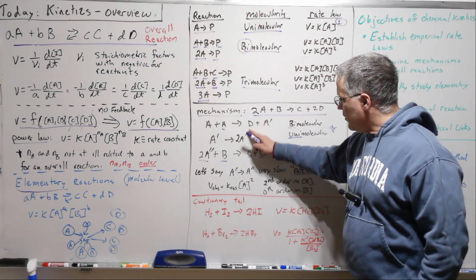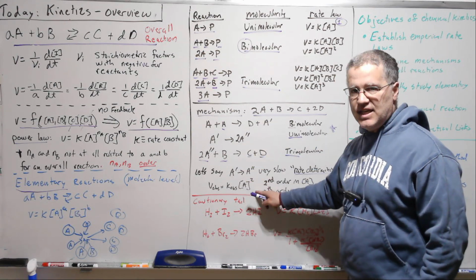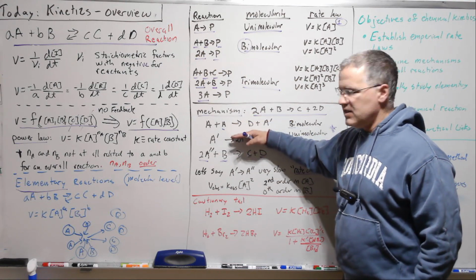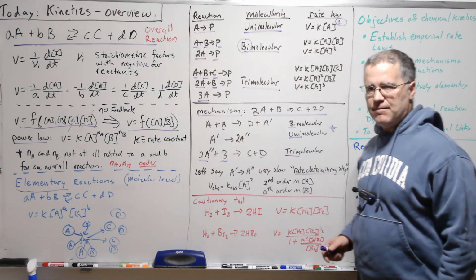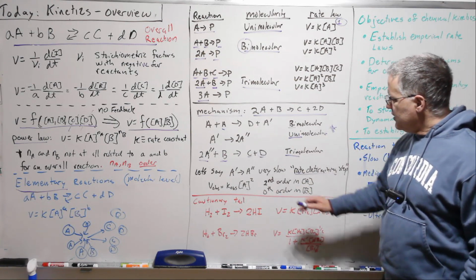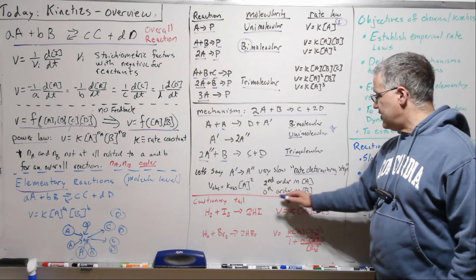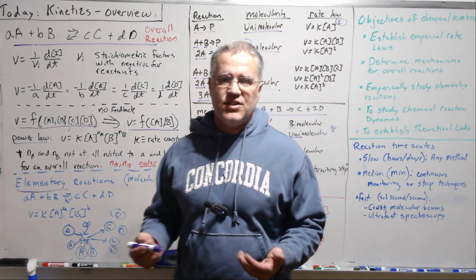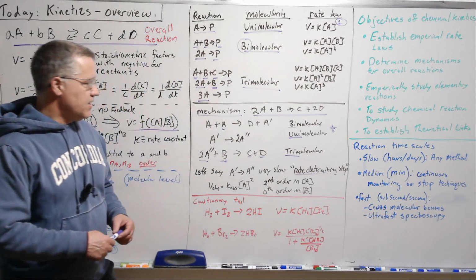In fact, we would expect it not to have any D or B, because this is fast and there was no B involved in getting to that fast step and getting hung up on this slow step. So this would be second order in A and 0th order in B. So here'd be an example of a case where we might expect to see a 0th order in B.